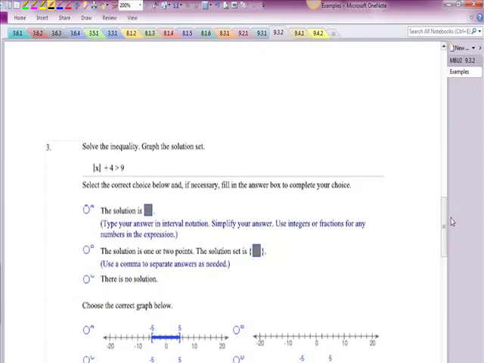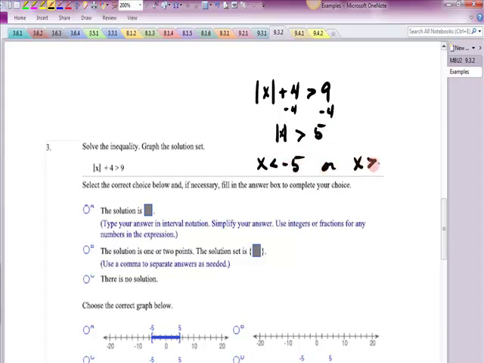All right, number 3, I have the absolute value of x plus a 4 is greater than 9. I need to isolate the absolute value. So I have the absolute value of x is greater than 5. That means x is less than negative 5 or x is greater than positive 5.